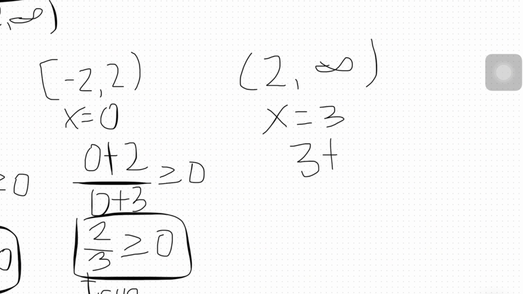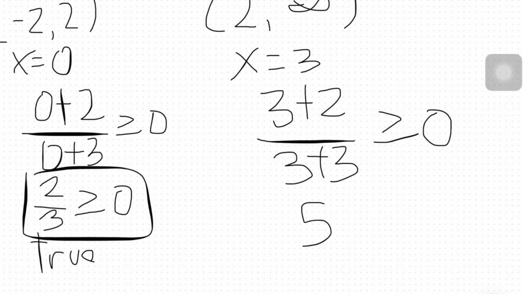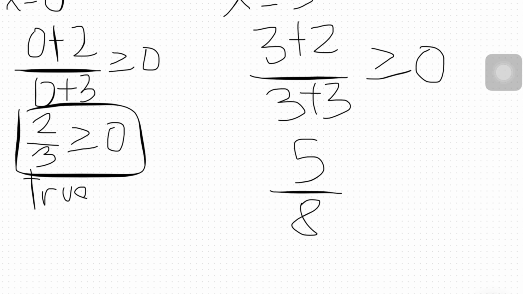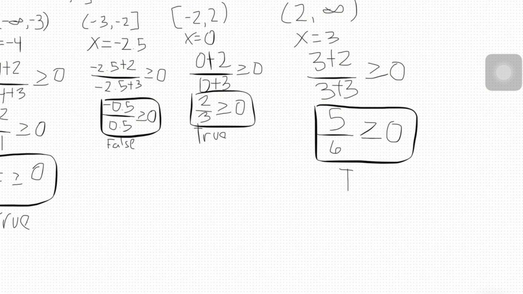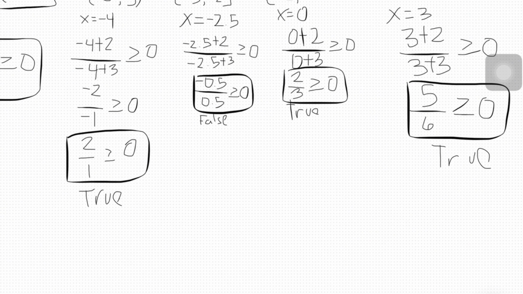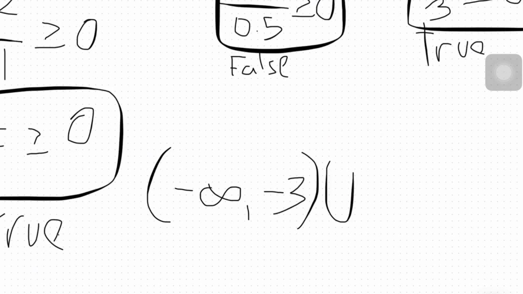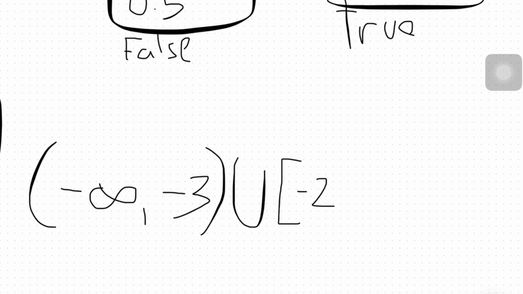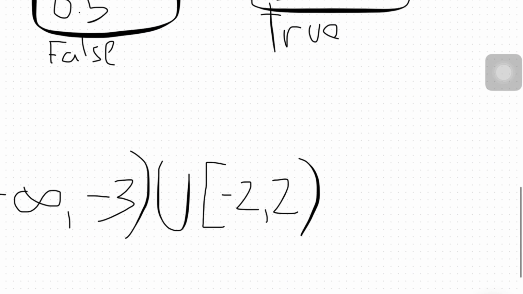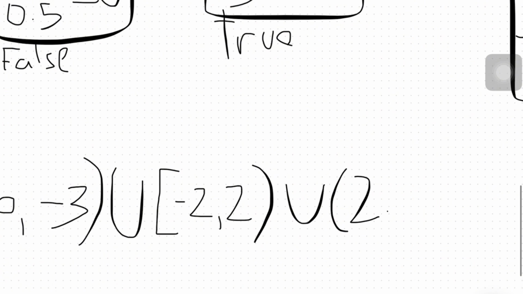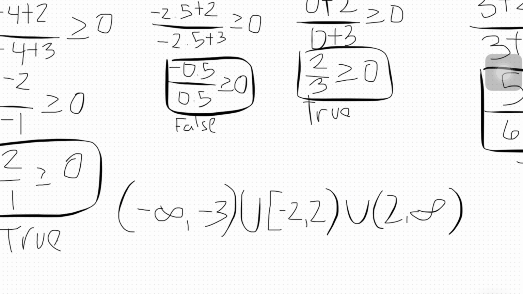So 3 plus 2 over 3 plus 3, that makes the answer 5 over 6. 5 over 6 is greater than 0, so it's true. We want greater than or equal to 0, so keep the positive or true intervals. Now that's your final answer.